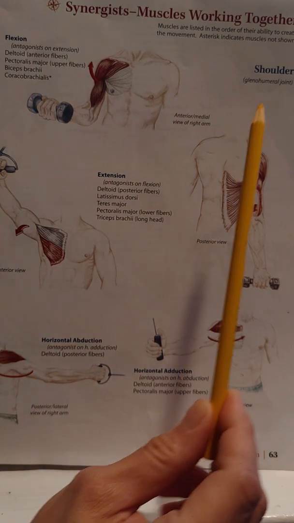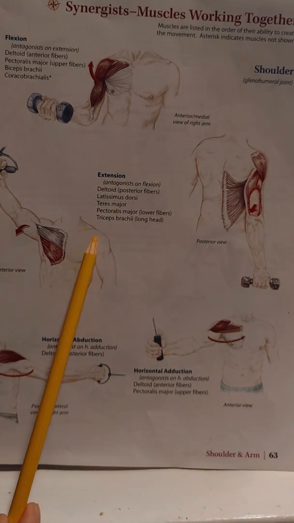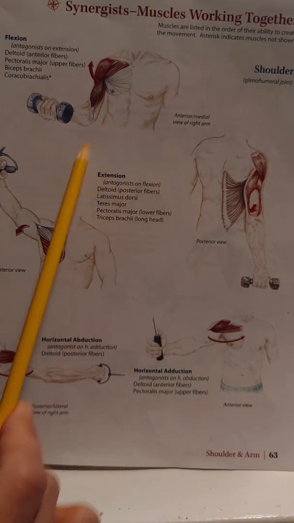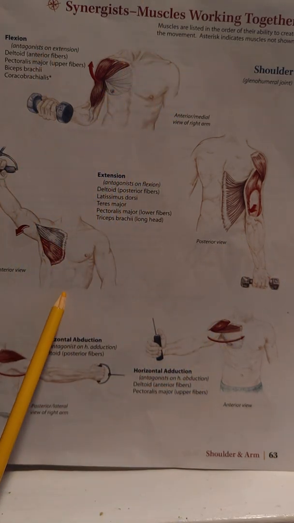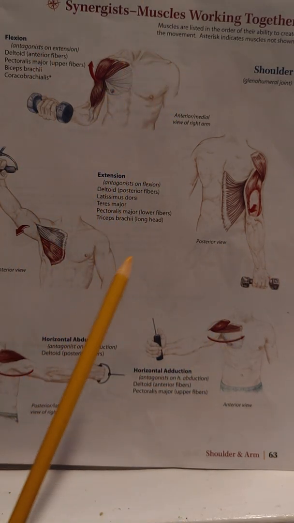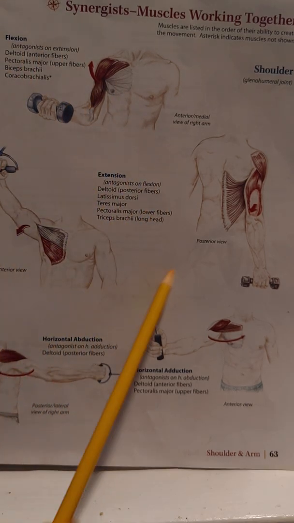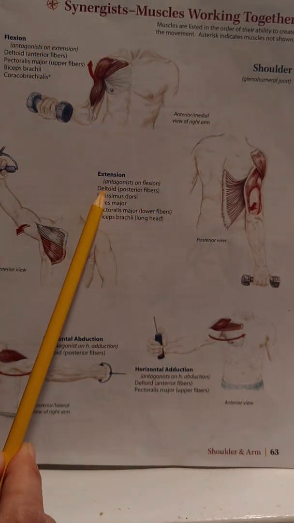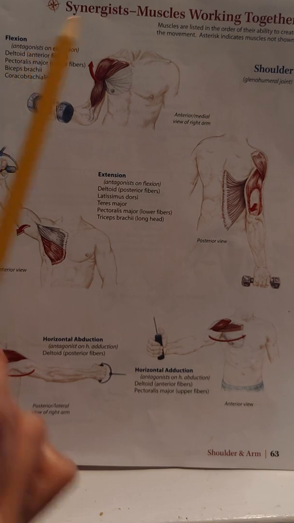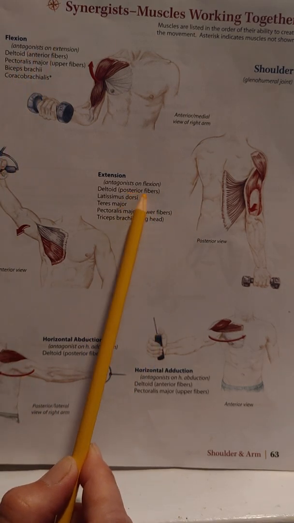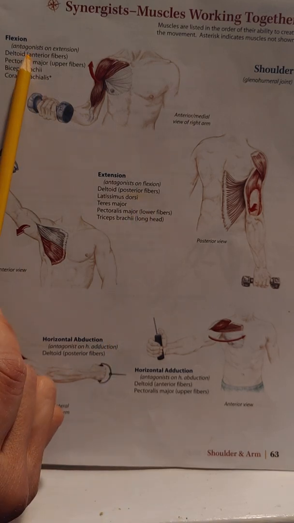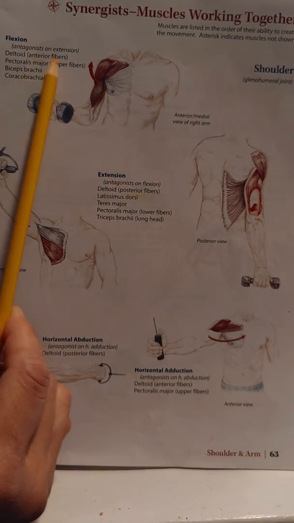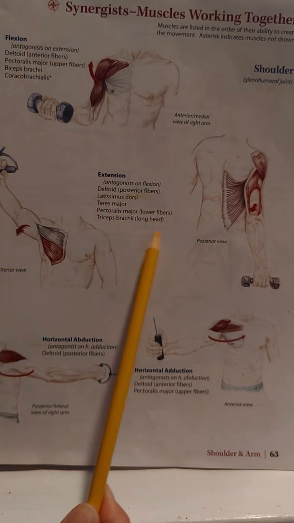Okay, and now we are going to the extension. These two are anterior view. Because the deltoid has three fibers, right? The posterior fiber is antagonist to the anterior fibers, right?